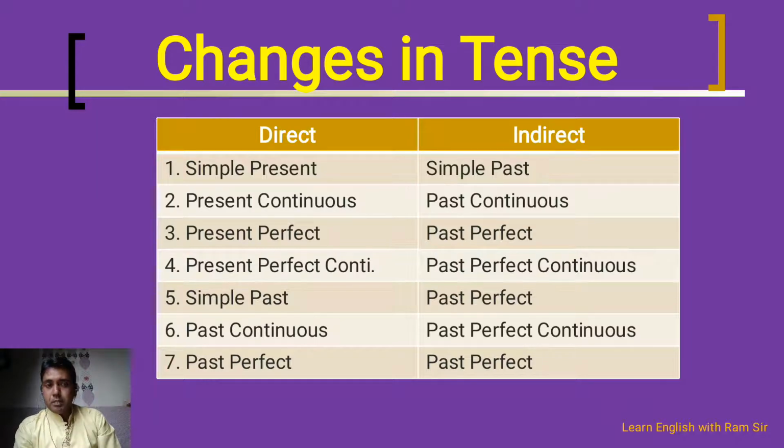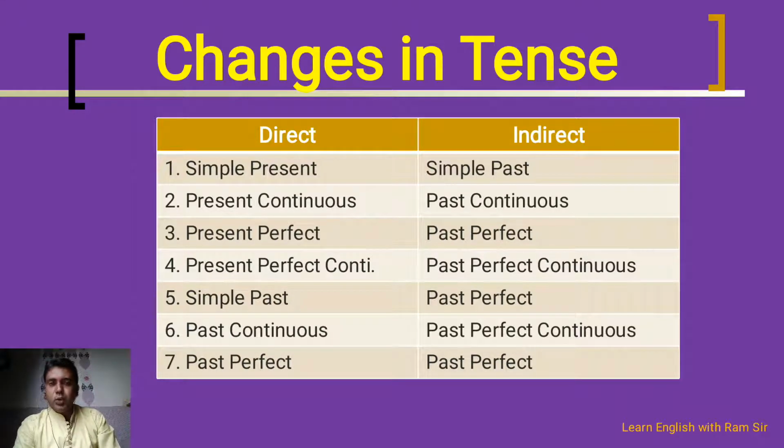Simple past becomes past perfect, and past continuous becomes past perfect continuous. And the last one, that is very important, always remember this particular change: past perfect remains past perfect. If the sentence is in past perfect, there is no need to change the tense of that particular sentence. So if the statement is in past perfect, you have to keep it as it is. So this is the change in tense.